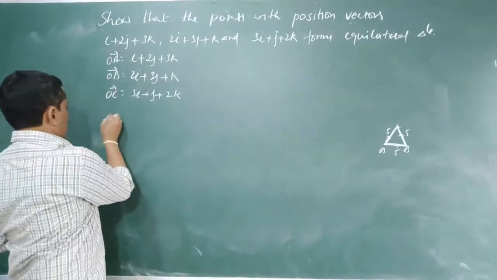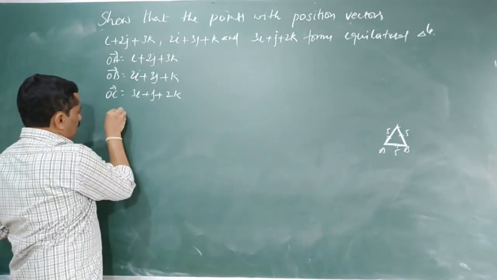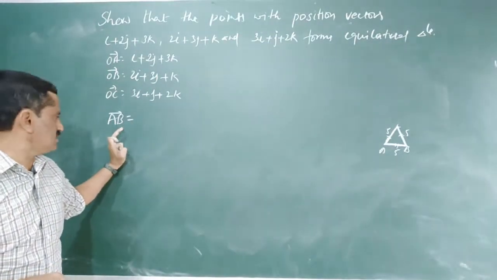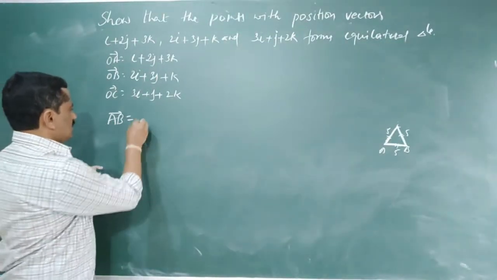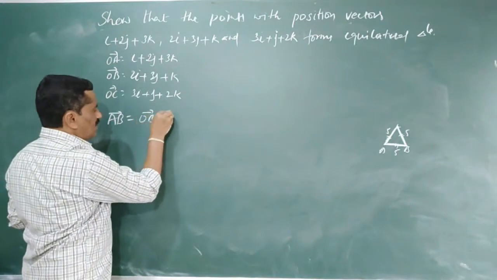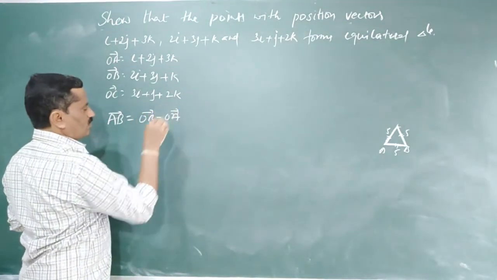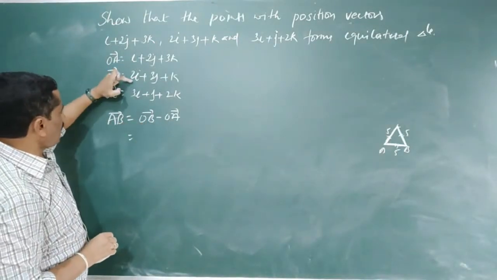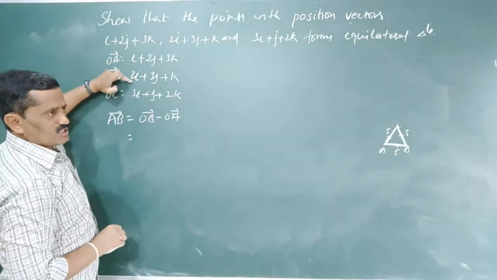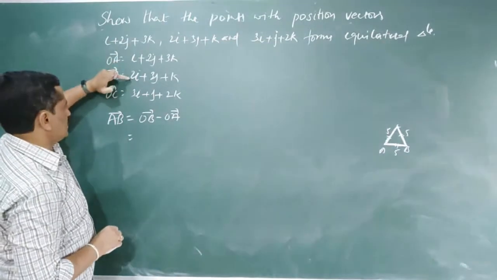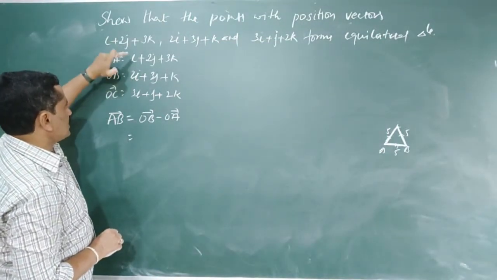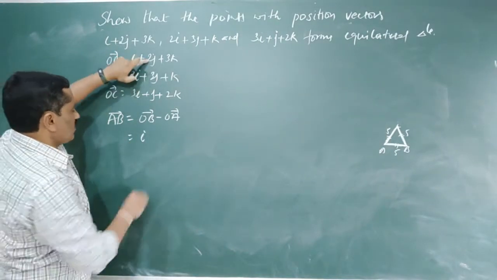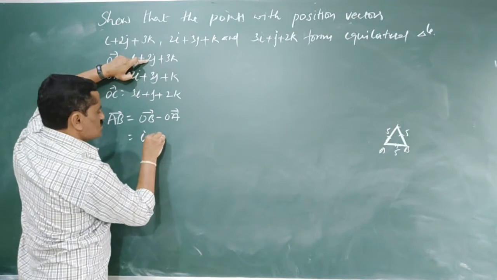We will find AB bar first. We write this in terms of position vectors, so AB bar is equal to OB bar minus OA bar. This minus this: we subtract the components of the two vectors. That is 2 minus 1, we have 1i, and 3 minus 2, we have plus 1j.